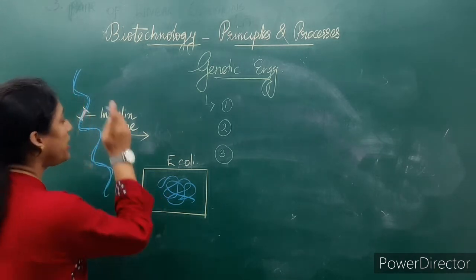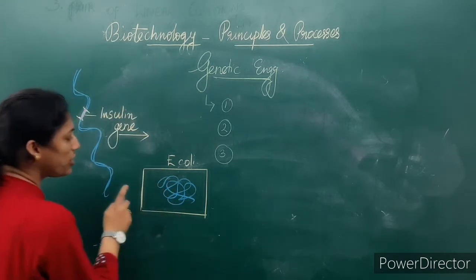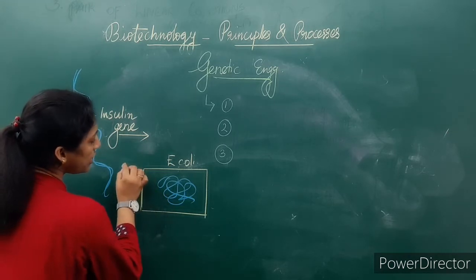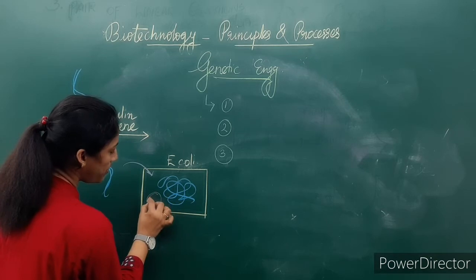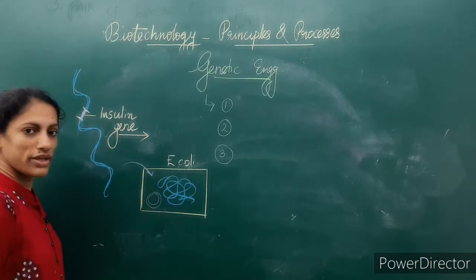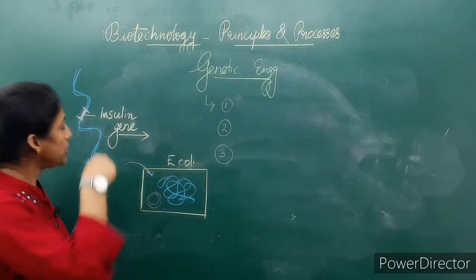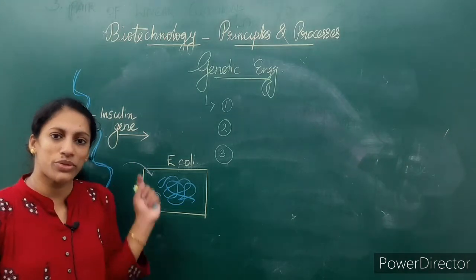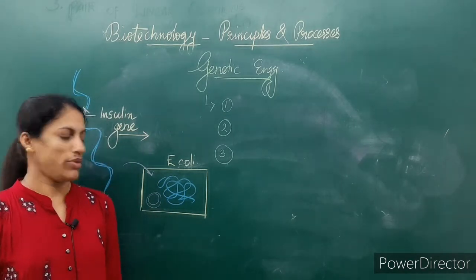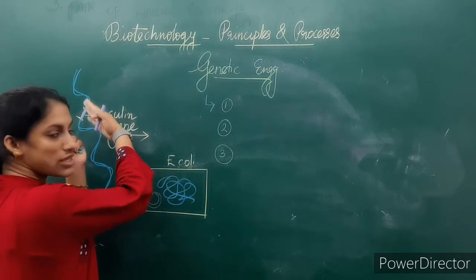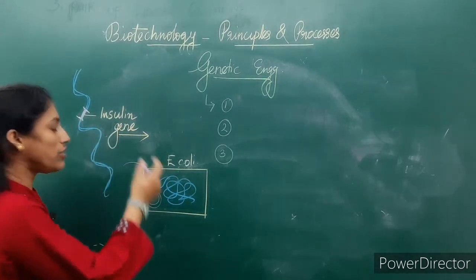In this bacterium there is an extra chromosome called a plasmid. For us to introduce this insulin gene into the bacterium and multiply it along with the bacterium, when the bacterium divides, our DNA also divides.